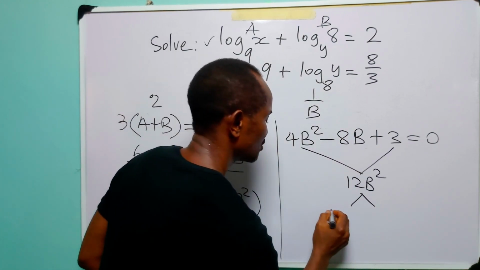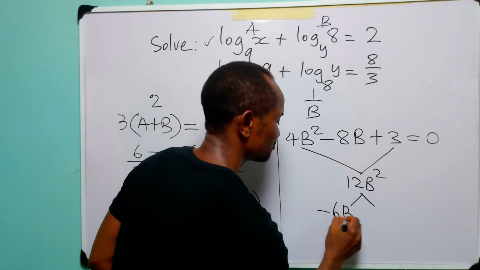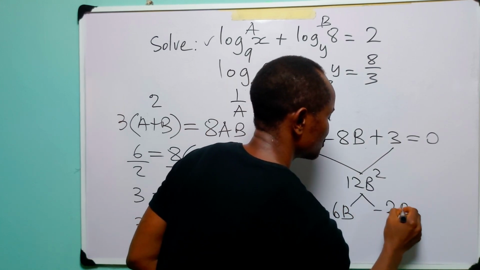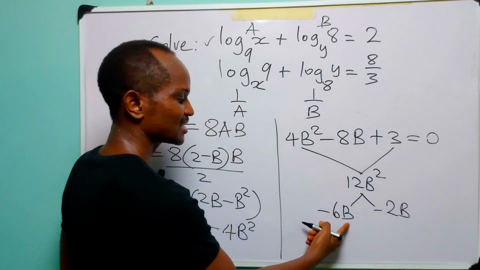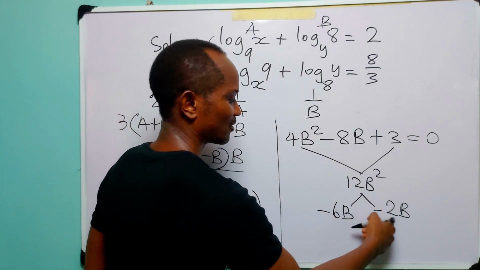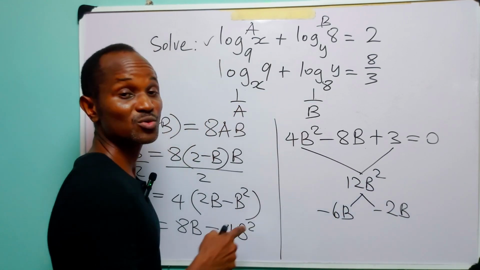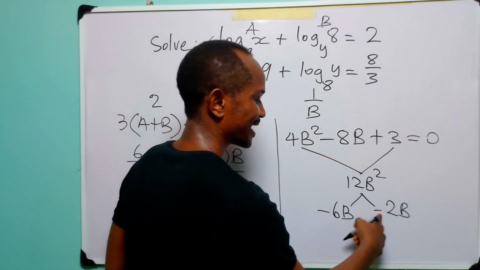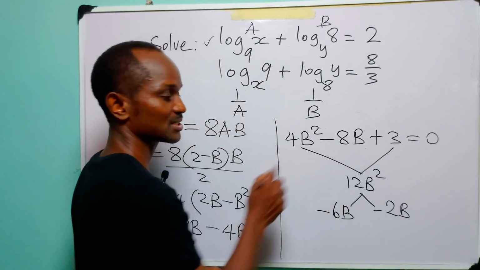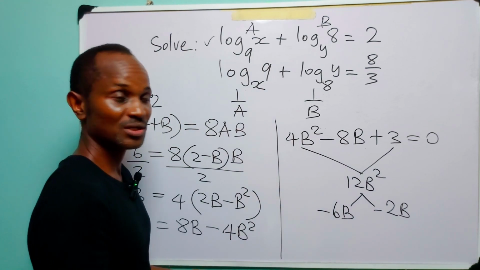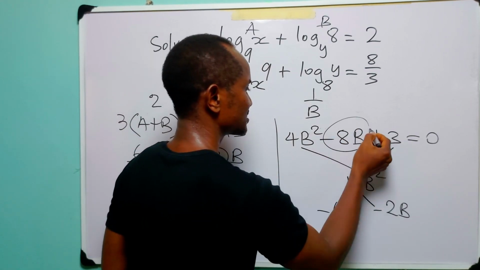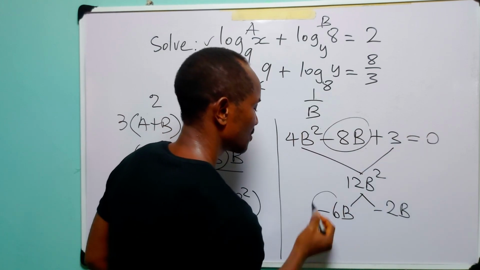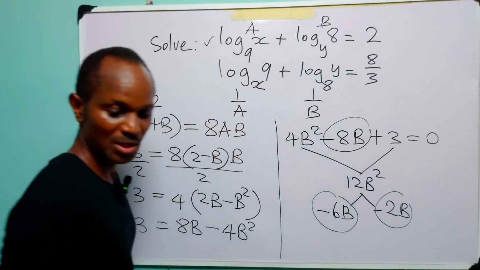And of course, those will be minus 6b and minus 2b. Because minus 6b multiplied by minus 2b is going to give us plus 12b squared, while minus 6b added to minus 2b is going to give us minus 8b. So the next thing we do is to replace this quantity in this equation with these two quantities.